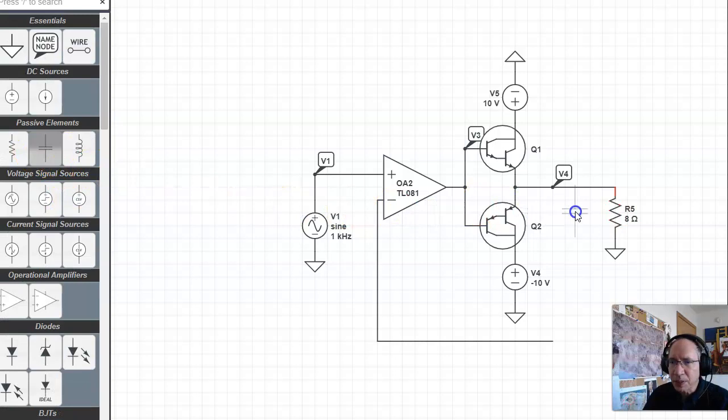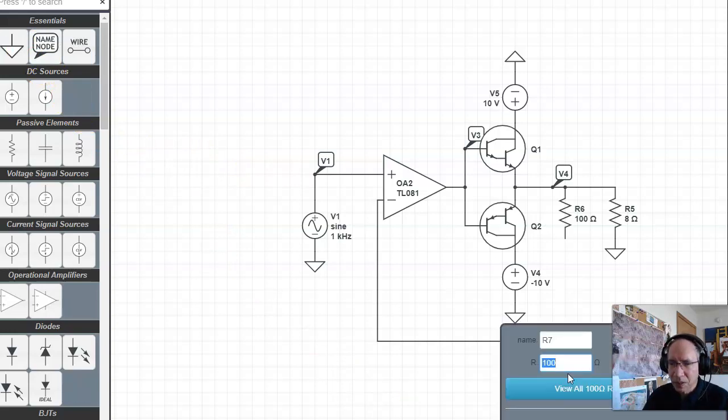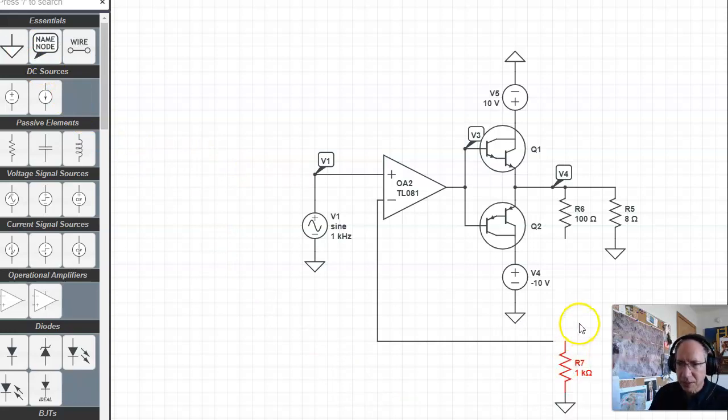So here will be a resistor. Here is a resistor. Here is a resistor. And ground. Let's make this a 1K. Make that a 1K. Connect them up.